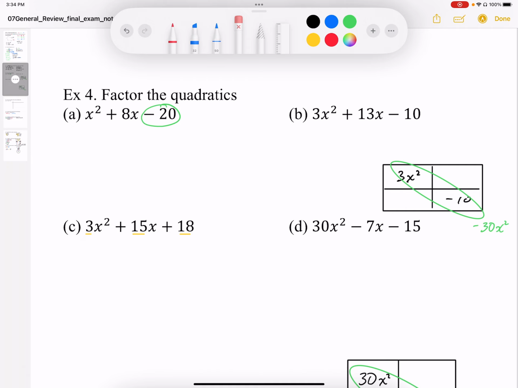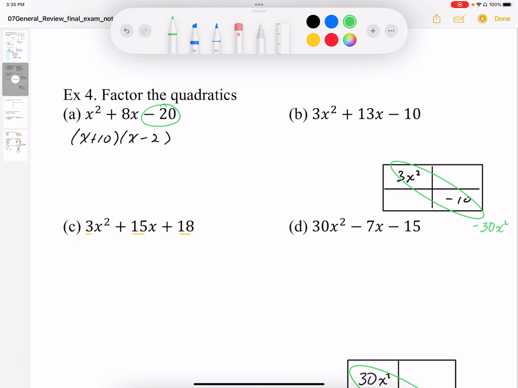They have a difference of 8, so then we can use those as our factors. So we get x plus 10 times x minus 2, and that is a factored form of that quadratic. Again, if you want to check this, we can check this by expanding and combining like terms.